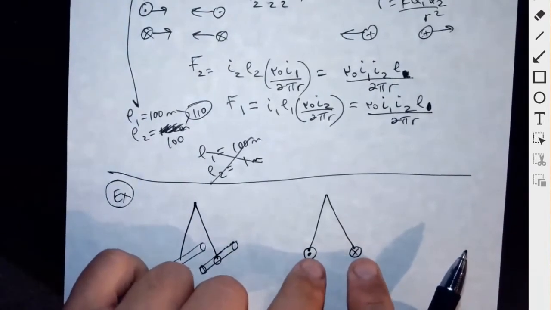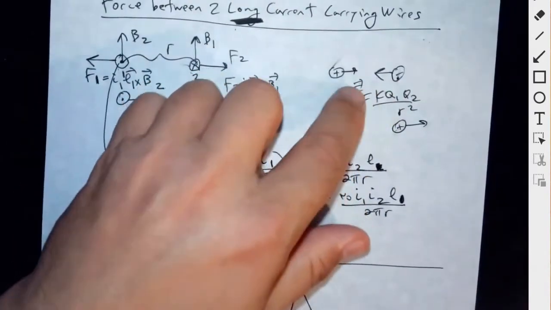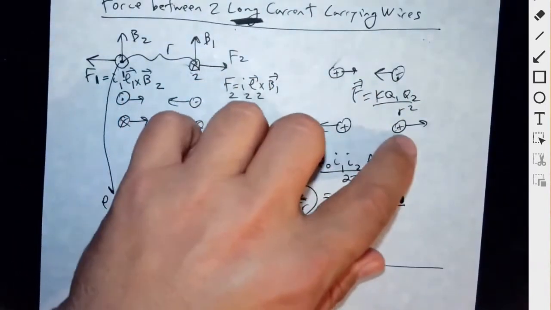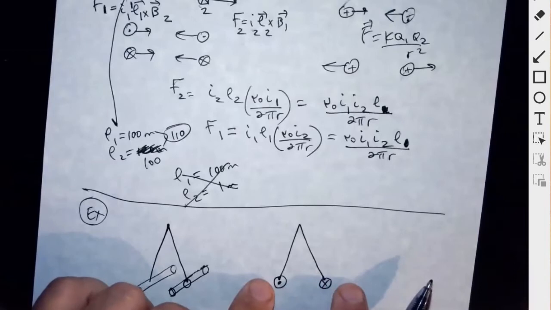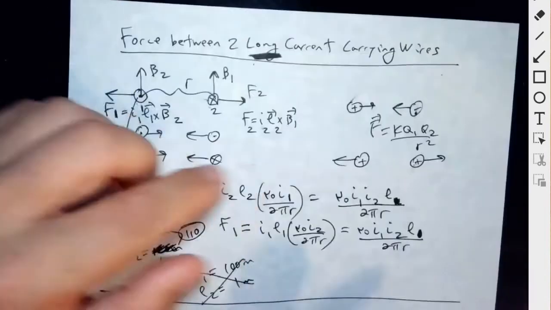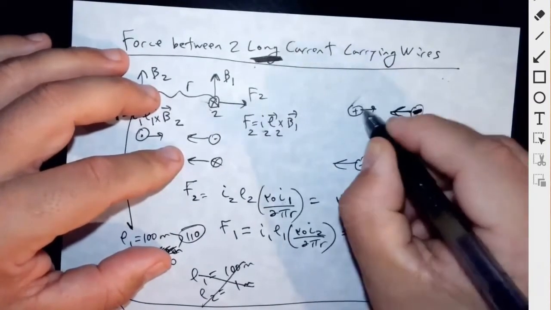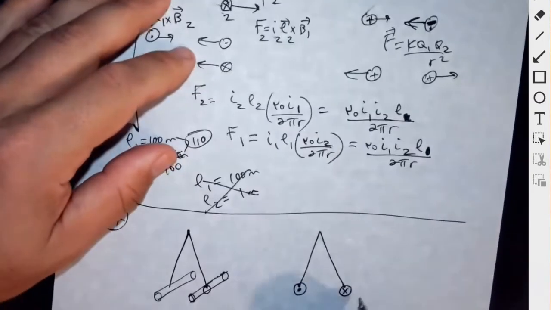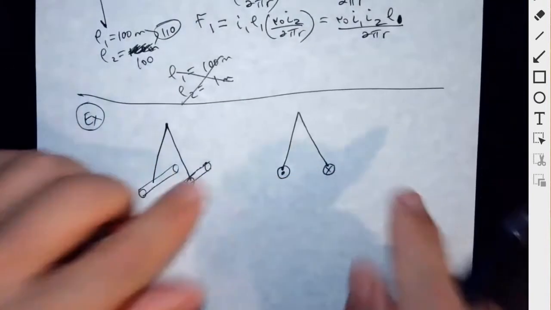So I have to kind of remind myself, okay, same charges repel. So then I have to say, unlike currents repel. Because unlike charges attract, right? So unlike charges attract. So unlike currents repel. Okay, so these guys are going to repel each other.